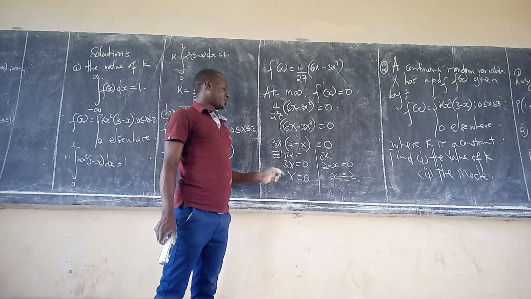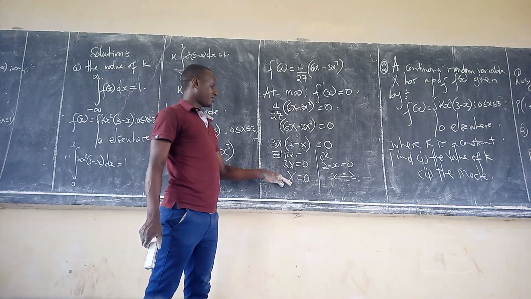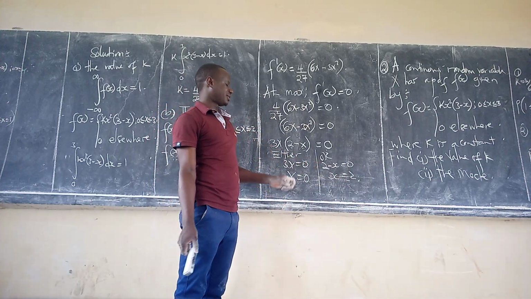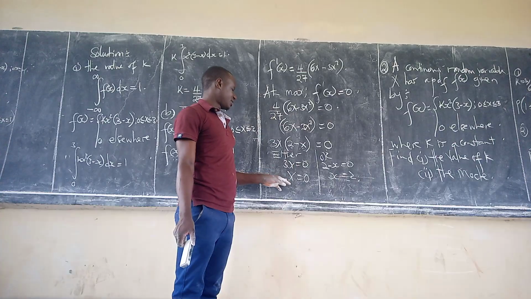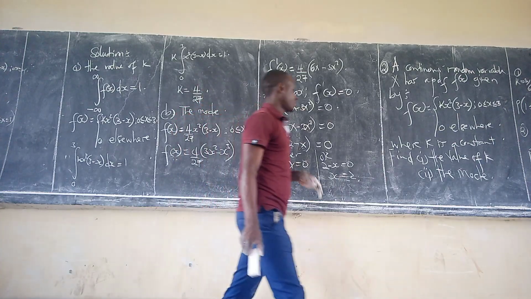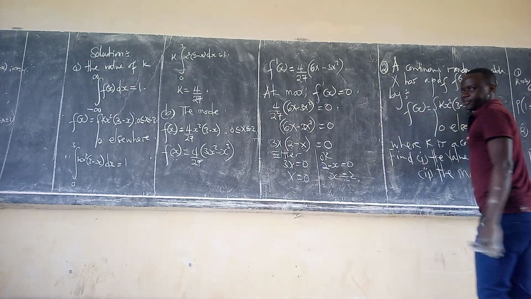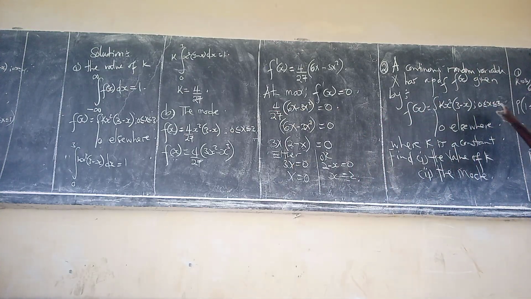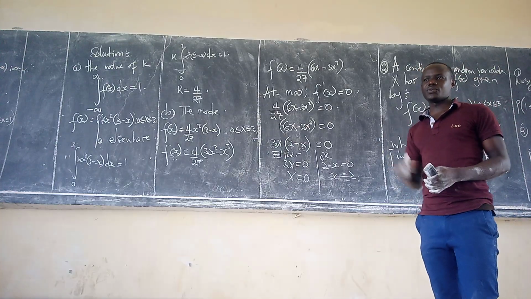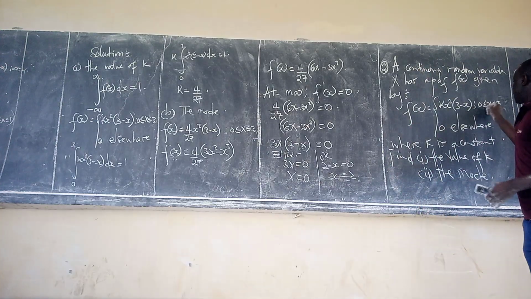Now we are heading for the testing of whether this is the mode or that one is the mode. But before we test, we first ask ourselves, is 0 in the range given? Our range is stretching from 0 up to 3, and 0 is definitely part of the values. Even when this was strictly less, we would still say that 0 is part of them because these are continuous random variables.